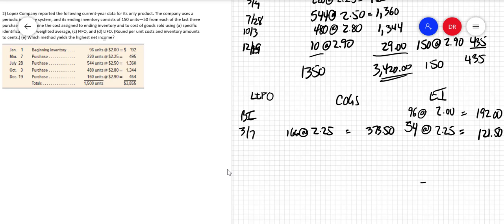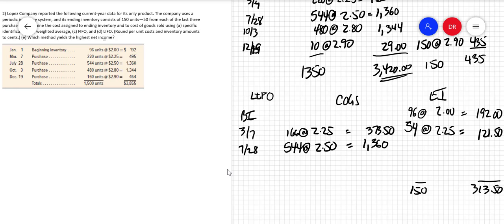So we have 150 units here and a cost here of $313.50. Everything else goes into cost of goods sold. So on July 28th, it's all of these units, 544 at $2.50. That gives you $1,360.